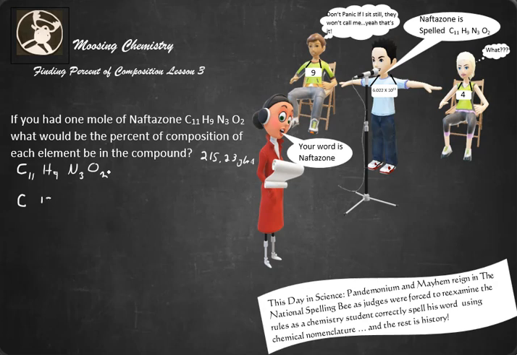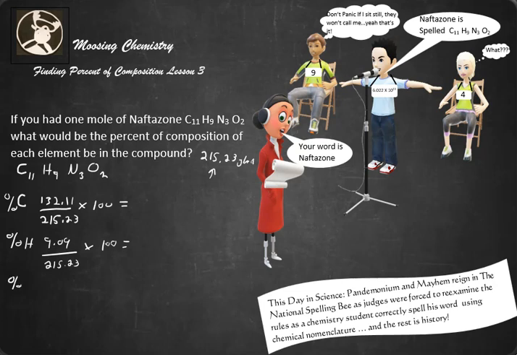So we go 132.11, the percent of carbon, divided by the total mass, which is 215.23, and that's going to give us some number. So let's do the percent of hydrogen. Hydrogen's total was 9.09 divided by 215.23 times 100. See how easy this is, guys?